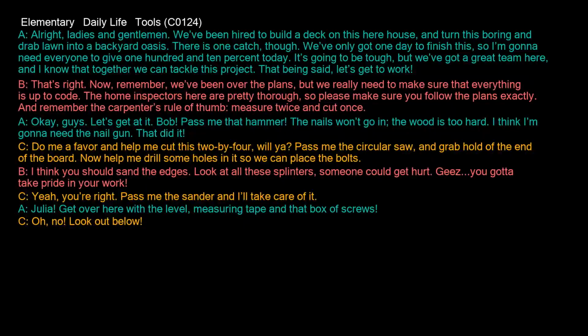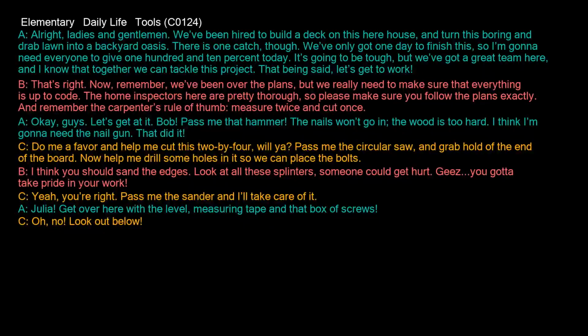Bob, pass me that hammer. The nails won't go in. The wood is too hard. I think I'm going to need the nail gun. That did it. Hey, do me a favor and help me cut this 2x4, will ya? Pass me that circle saw and grab hold of the end of the board.